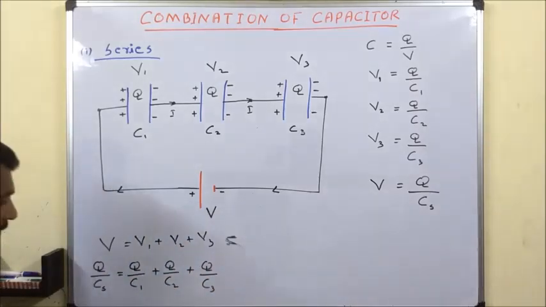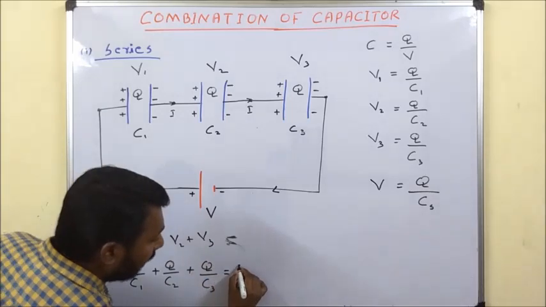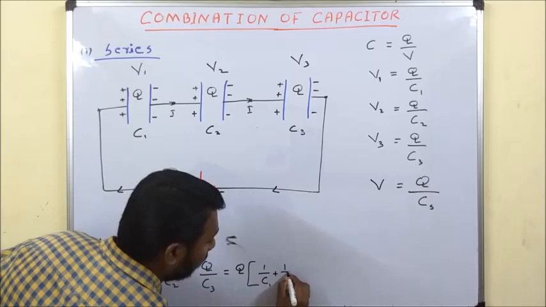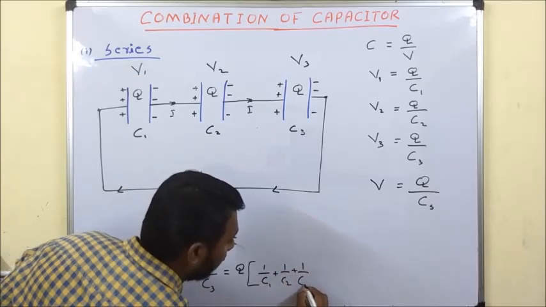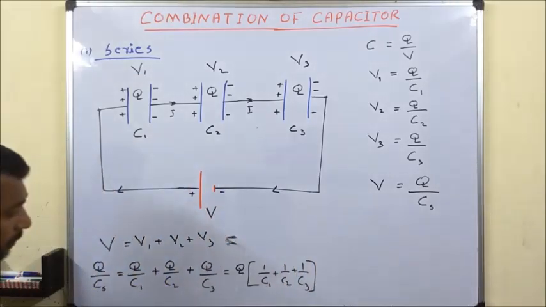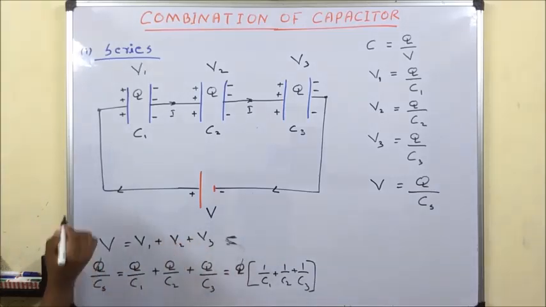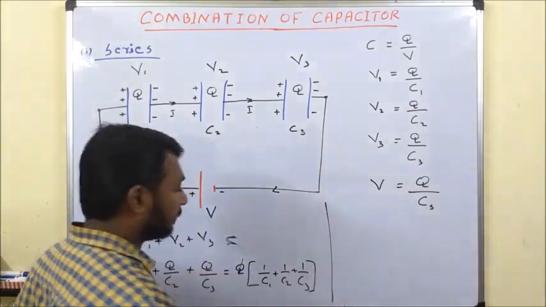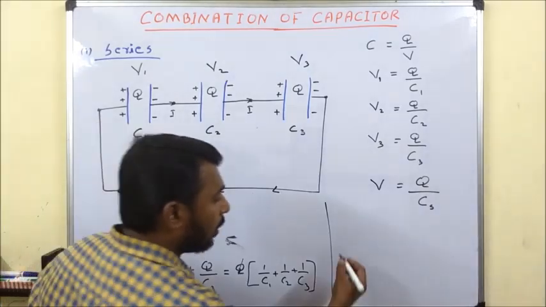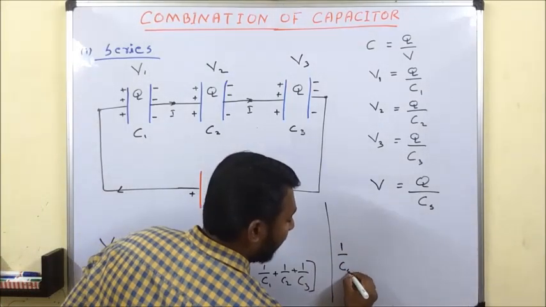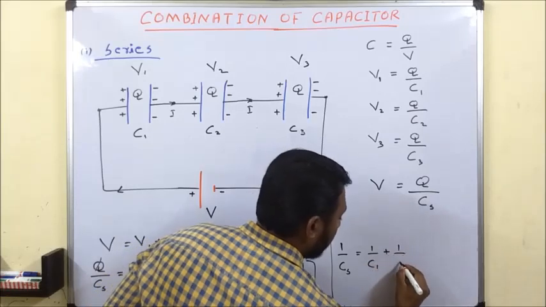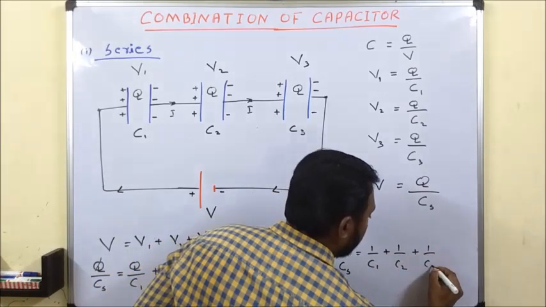In the RHS, Q is common, so I can take Q outside, so it becomes 1 by C1 plus 1 by C2 plus 1 by C3. So this Q and this Q will be cancelled, and finally you will get 1 by CS is equal to 1 by C1 plus 1 by C2 plus 1 by C3.